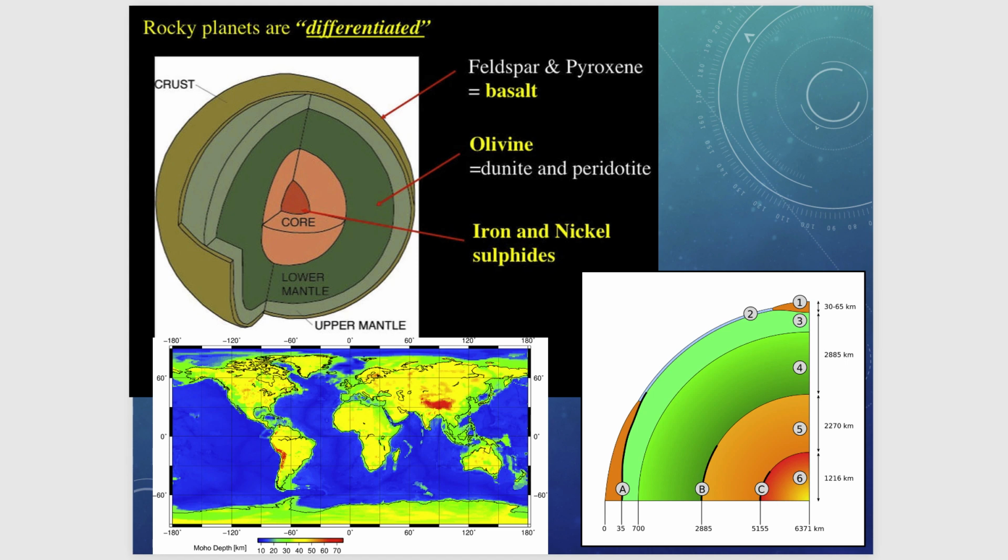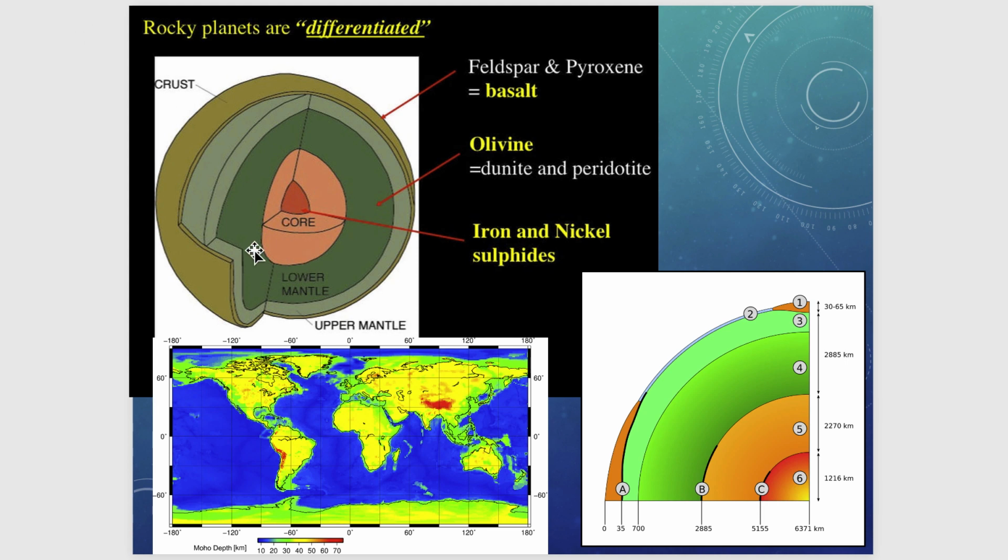And over time, what happens is that the nickel and iron tend to sink towards the core because they are denser materials, and essentially gravity is operating by separating silicates away from these iron and nickel materials, which represent essentially the sulfides that are in the core and outer core part of our planet.